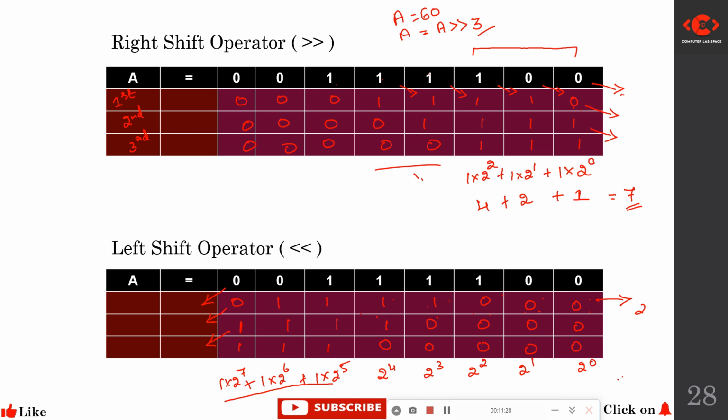Is it clear? So this is the right shift and the left shift, which are included in the bitwise operators. The most common question that can be asked is whether we can perform right shift or left shift on negative values. No, for negative values we are not going to perform this action, whether it is bitwise AND, bitwise OR, exclusive OR, negation, right shift or left shift.